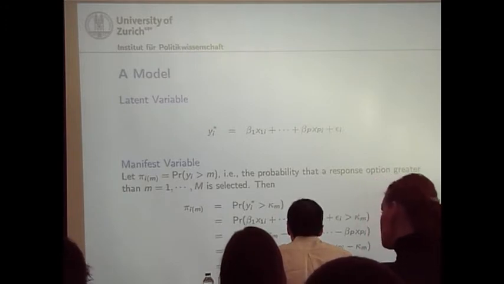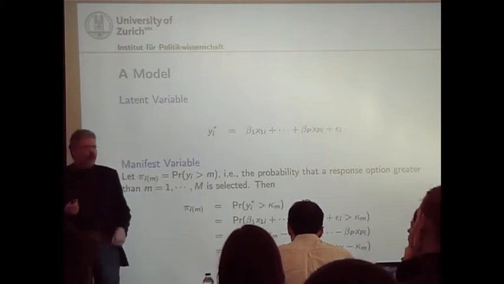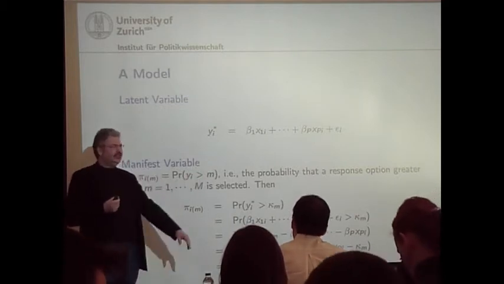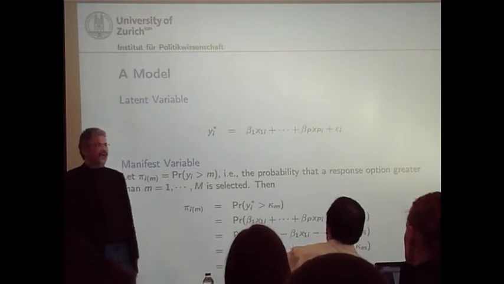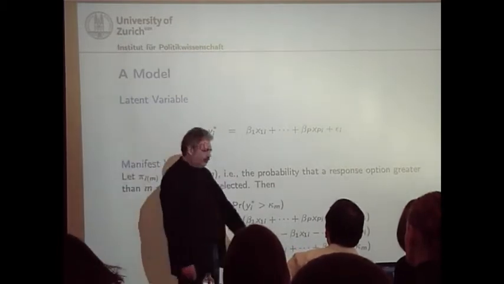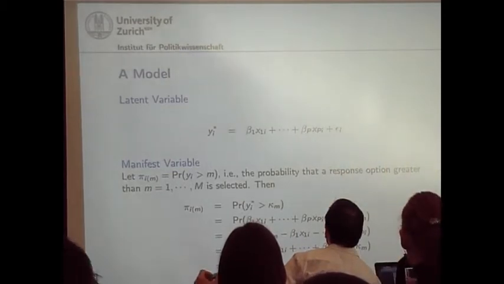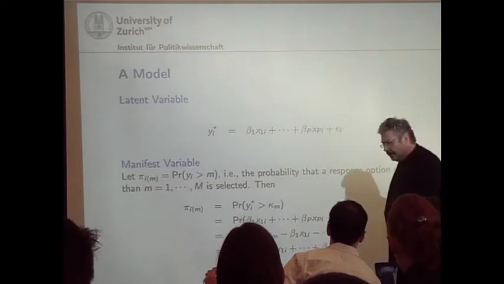There's no way to estimate it with the data, because what is the data? The data essentially is a set of proportions: the proportion of people that fall in category 1, in category 2, in category 3.